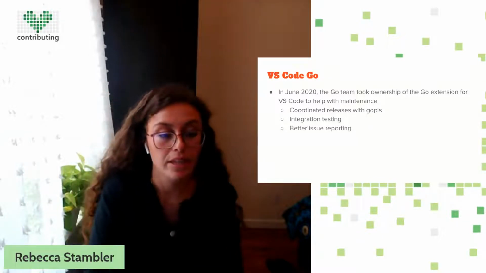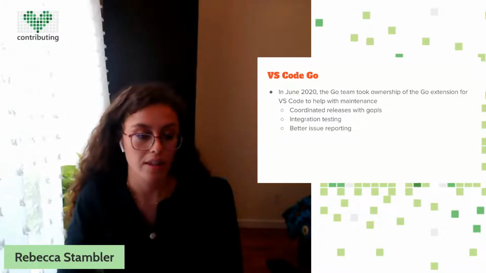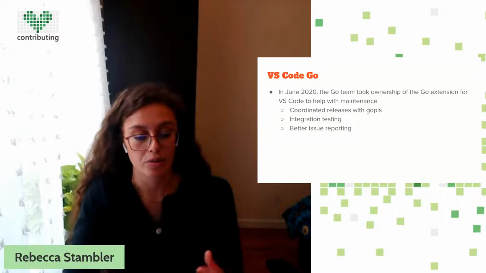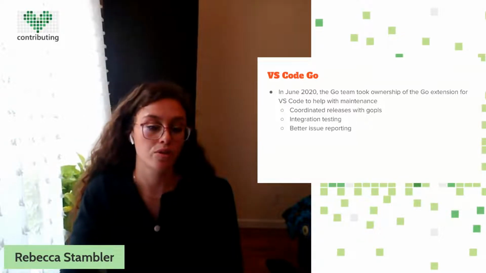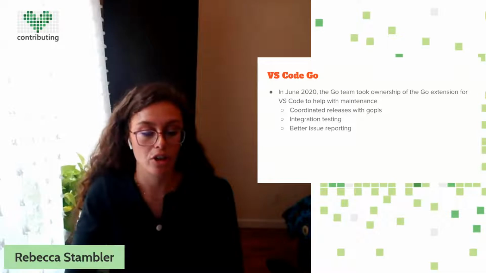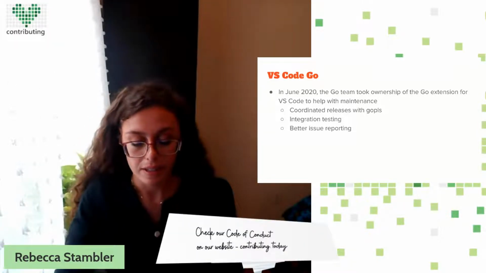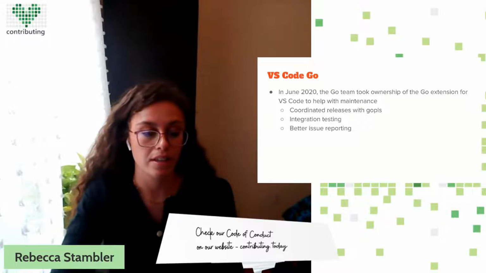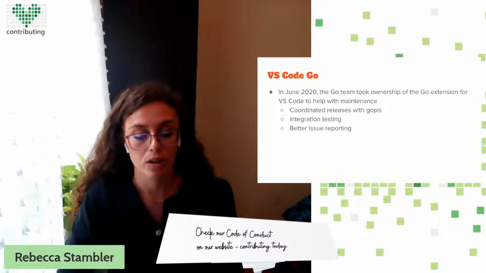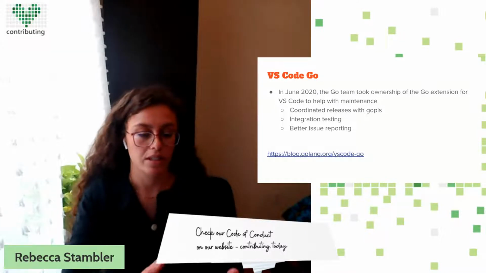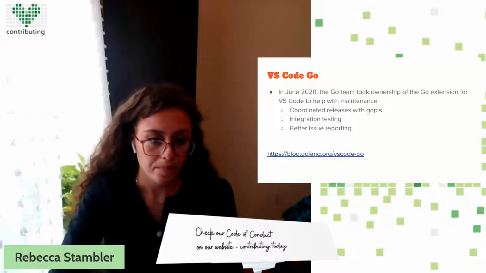And one great thing that we've had is if the Go language server crashes, we can have VS Code recover gracefully and then maybe prompt the user to file a report with the crash log, which has been really, really helpful in helping us find bugs. So it's been great to have the VS Code Go extension collaborating more closely with us. And you can see the blog post announcement for that here, and I think it'll be linked elsewhere as well.